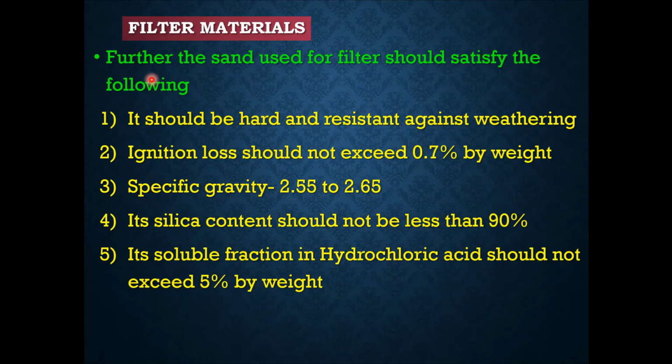Ignition loss should not exceed 0.7% by weight, meaning large amounts of combustible matter should be absent. Specific gravity range should be 2.55 to 2.65, its silica content should not be less than 90%, and its soluble fraction in hydrochloric acid should not exceed 5% by weight.